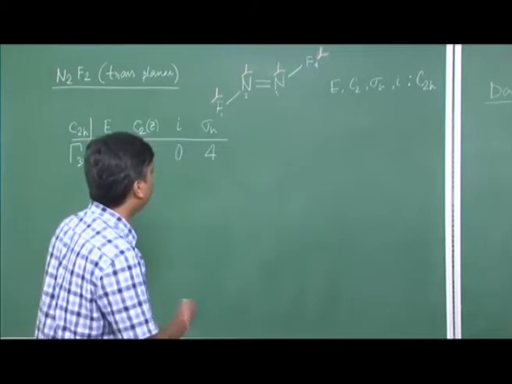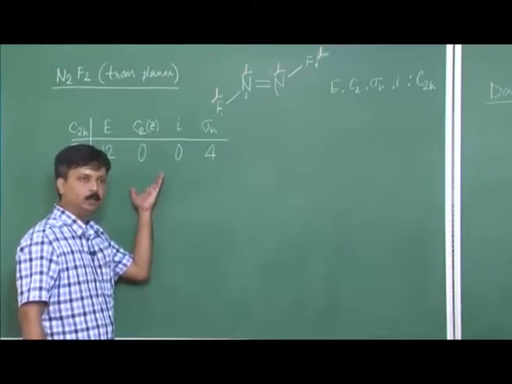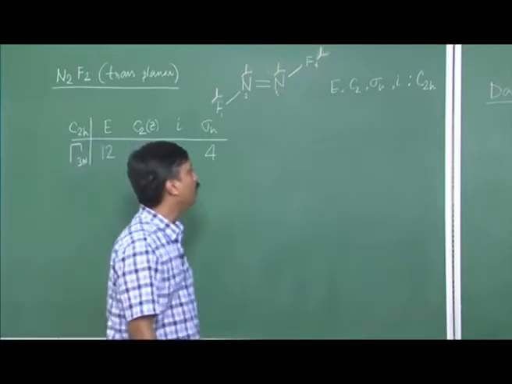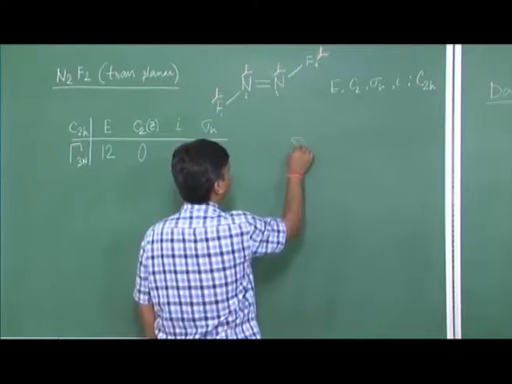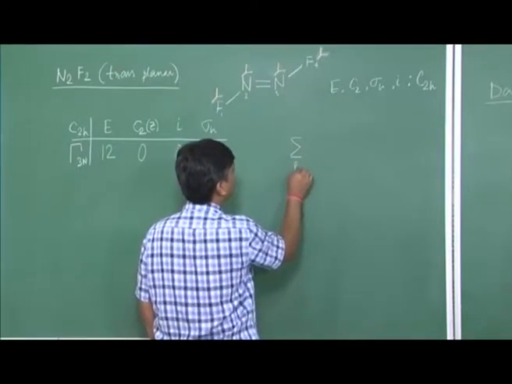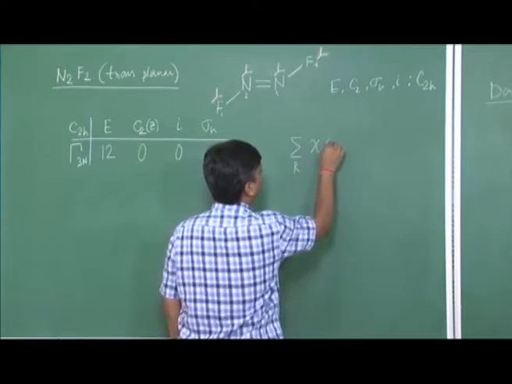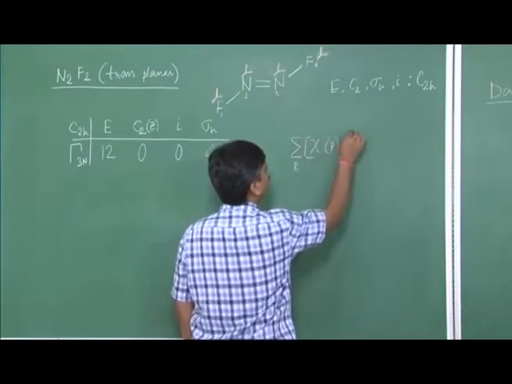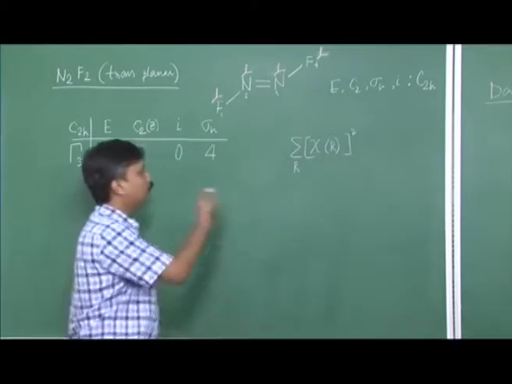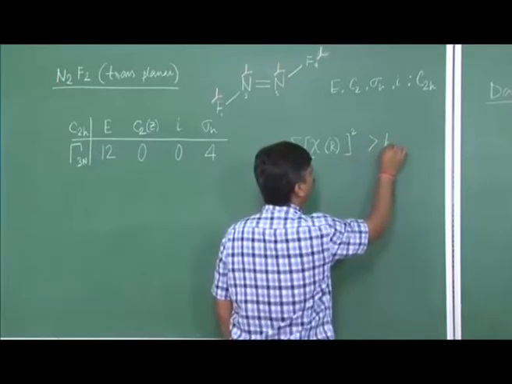In the next step, I have to see whether it is reducible or irreducible. How do I know if it is reducible? If the sum over the square of these characters, sum over all the symmetry operations, is greater than the order of the group.